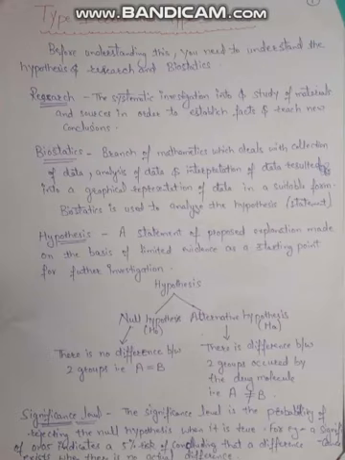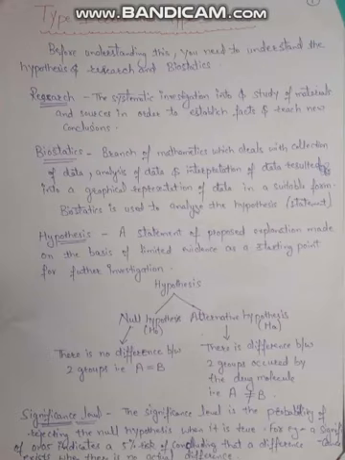So in case of hypothesis, we need evidence so that we can judge which type of hypothesis it is following. So hypothesis is of two types: null hypothesis and alternative hypothesis. Null hypothesis is also denoted by H naught and alternative hypothesis is denoted by HA.